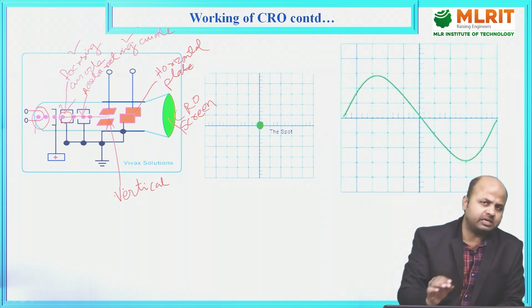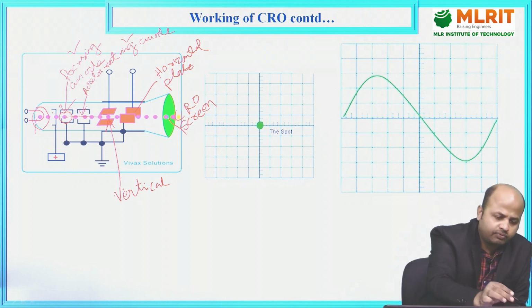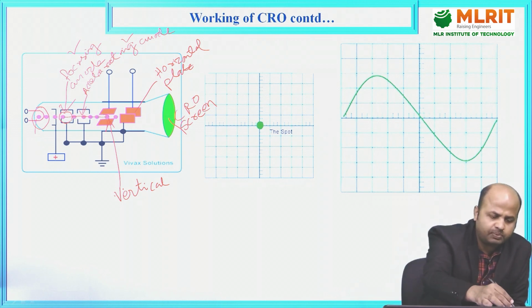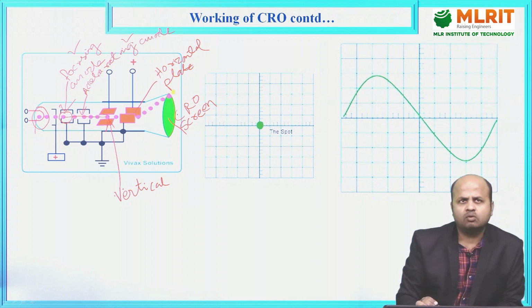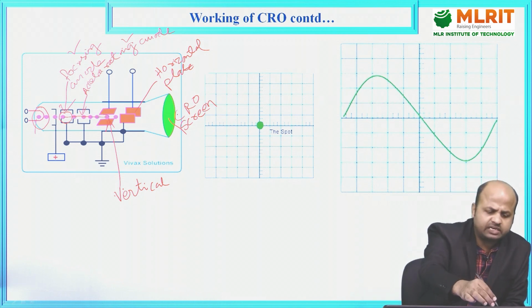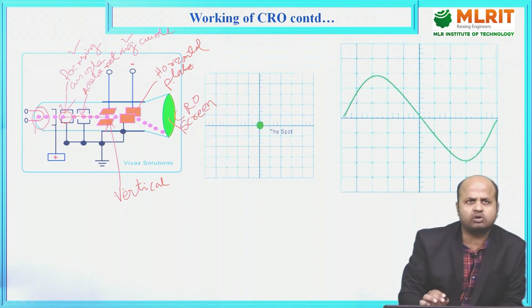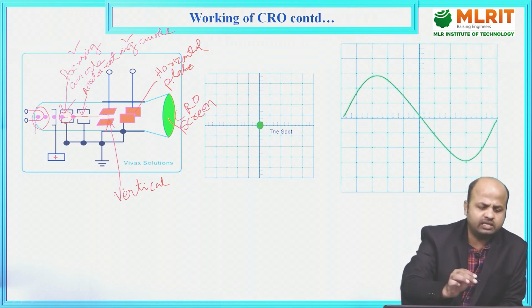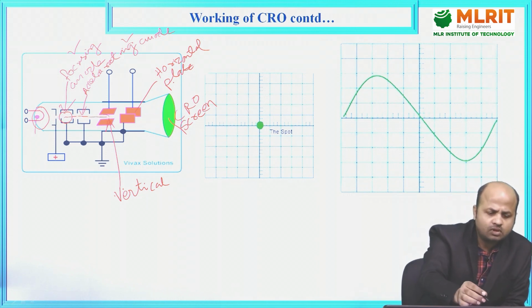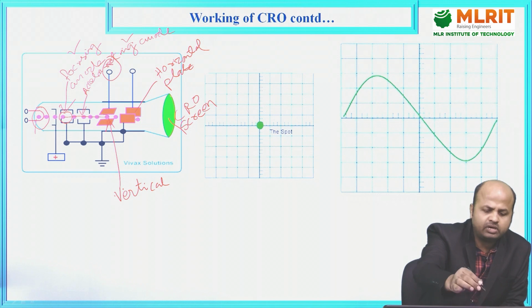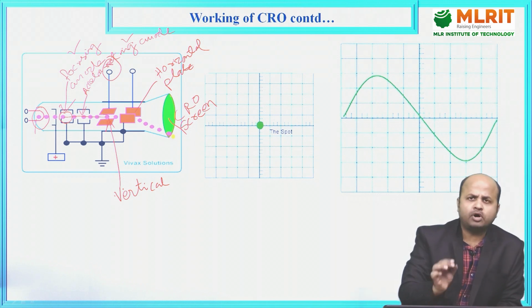So on the screen we can see that first of all the electron beam is traveling, okay, and we can see that it is getting deflected horizontally and vertically. Here we can see what is happening. See, the electron beam is traveling, when we give the positive potential here, it will deviate towards the positive y-axis.